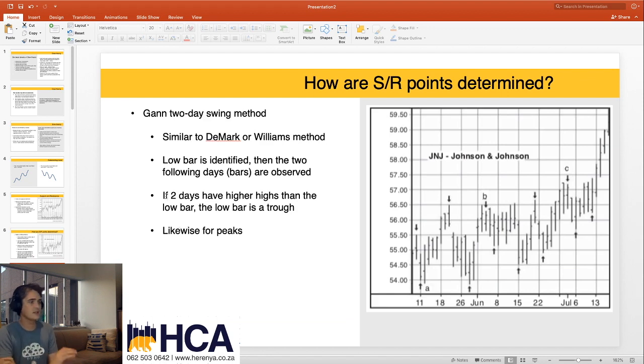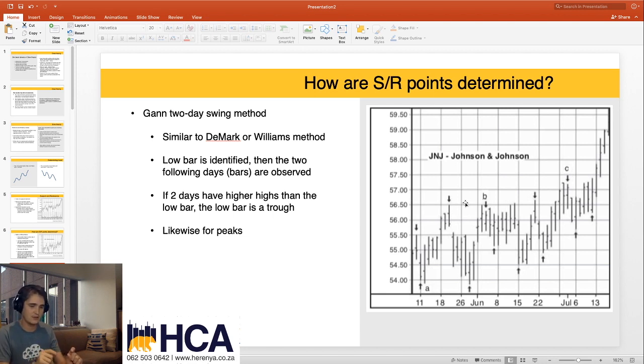Then there is the Gann 2-day swing method, which is basically the exact same as the method we just spoke about, except now you observe for another 2 days and you would like to see a little trend forming. Basically, you identify the individual candle that you think is a support or resistance candle, and you identify the 2 bars on either side.